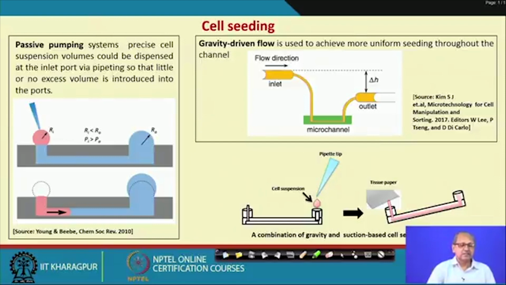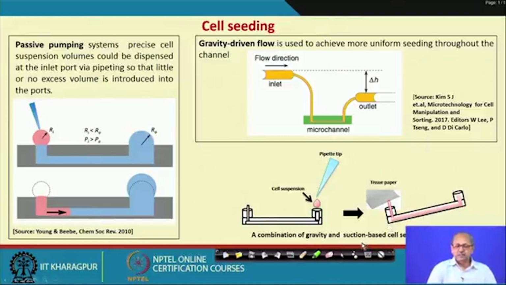And to enhance the cell seeding, you can put a tissue paper here; by capillary action some fluid will go into the tissue paper, and the flow will be enhanced. Now, another way of seeding is to apply both gravity driven and suction based cell seeding.